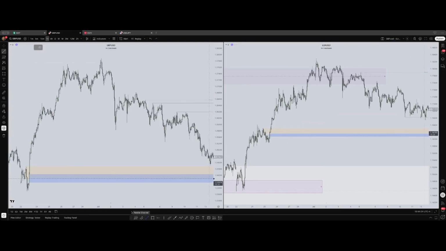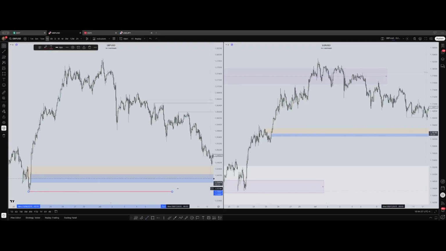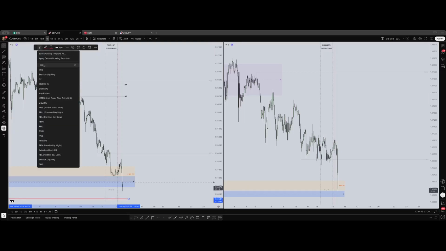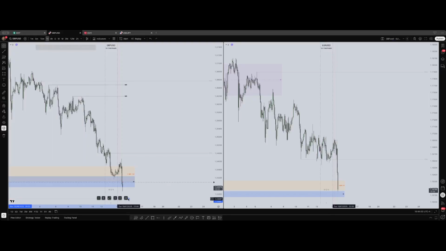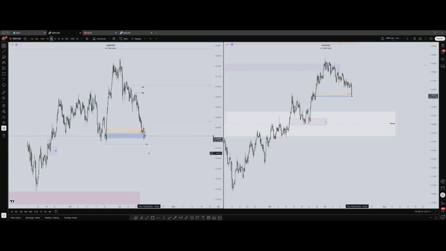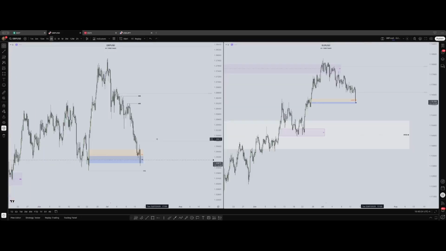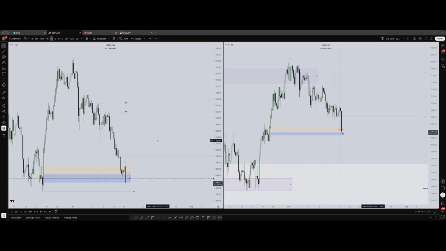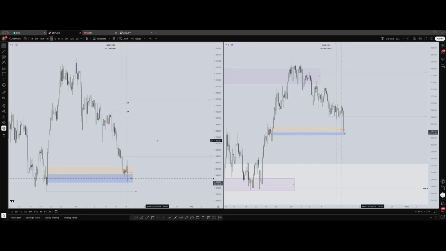I will just mark this low, just to have a visual level of the previous low. I hope price doesn't go lower here. It can go lower, but of course it can go lower. Let's see. So far we have this, no?